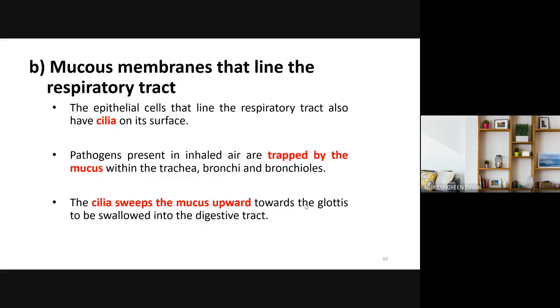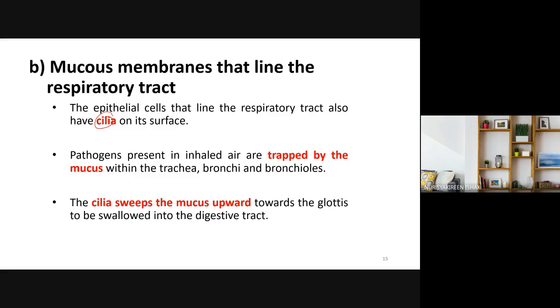Okay, second is the mucous membrane that lines the respiratory tract. The epithelial cells that line the respiratory tract also have cilia. Okay, from the nasal cavity down the trachea, bronchi, bronchiole, semua tu akan ada, especially trachea lah kan, akan ada cilia.